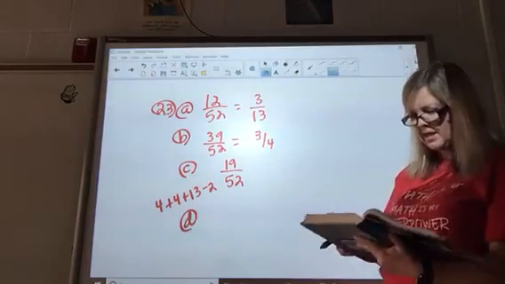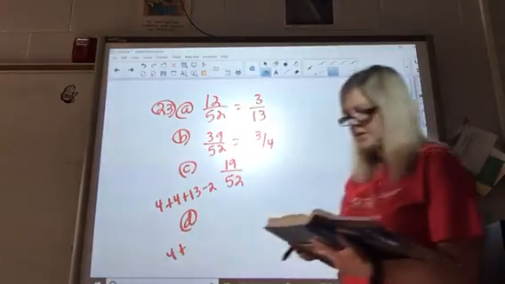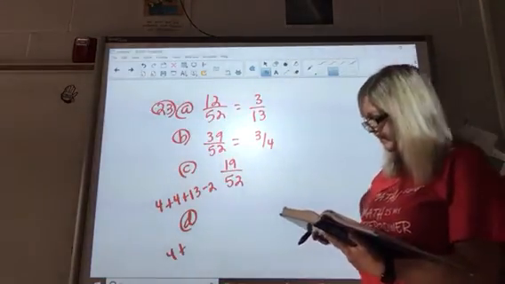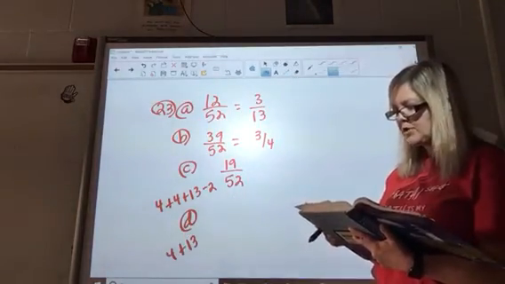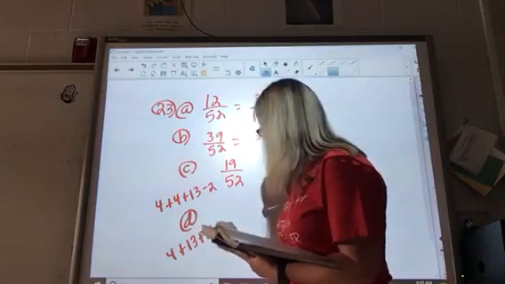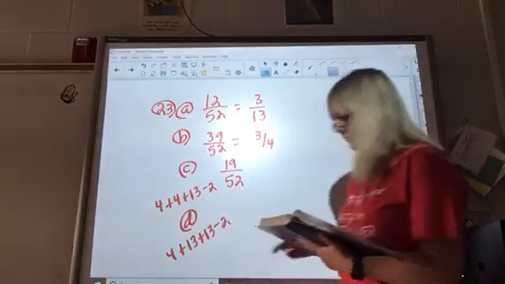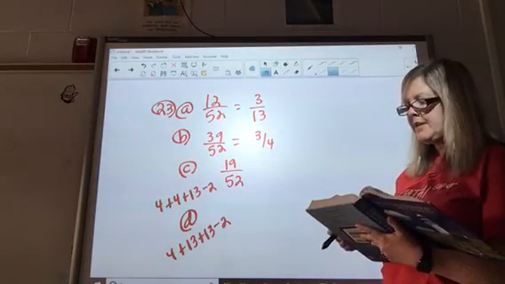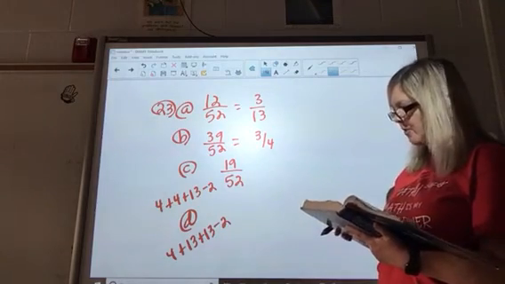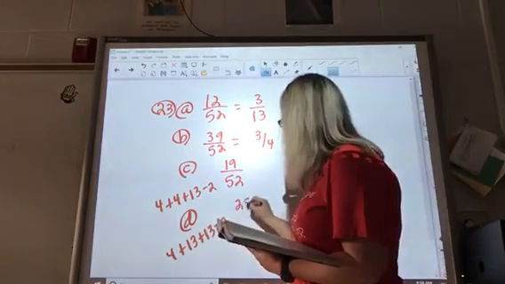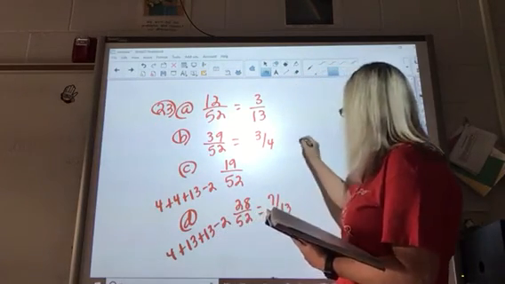Okay, D says an ace, which is 4 of those, or a diamond, there's 13 of those, or a heart, there's 13 of those. But now we've got an overlapping event of 2 because we've counted the ace that was a diamond and the ace that was a heart, so we have to take that off. So that's 28 out of 52, which is 7/13.